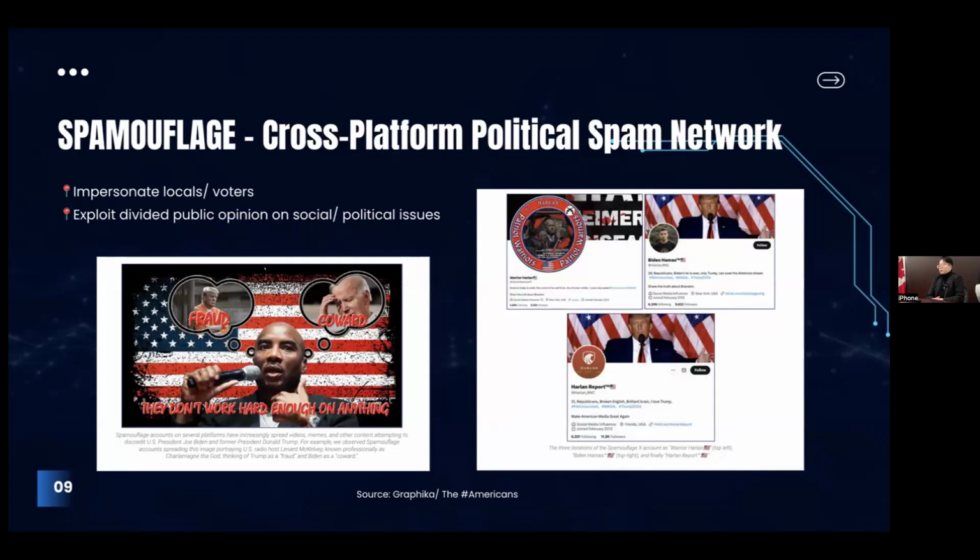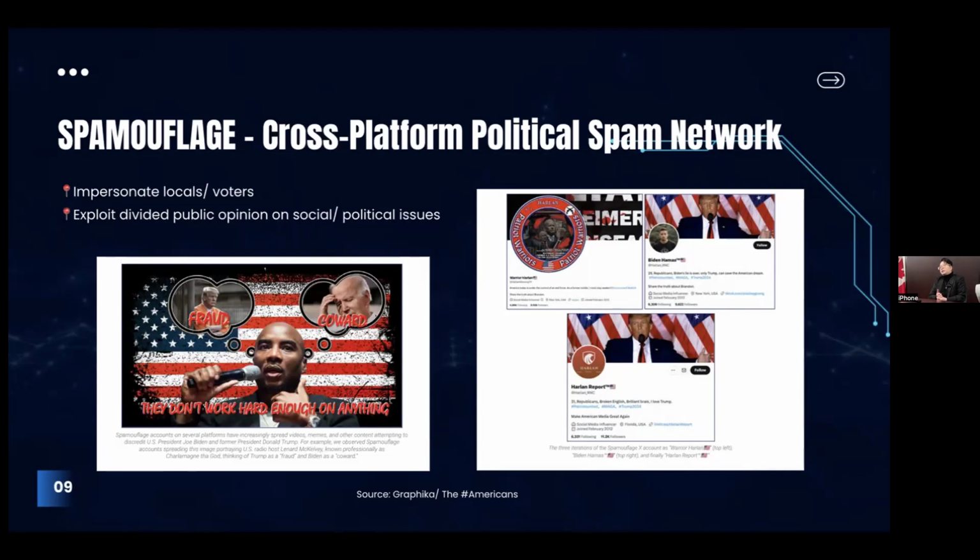When we talk about Chinese influence operations, this is a very classic tactic of Chinese state entities. This cross-platform political spam network is called Spamforge. It is linked to China's Ministry of Public Security. They are on basically all social media platforms, including Western ones like Facebook, Twitter, LinkedIn, Medium, and Chinese ones; if you can name it, you can find them there.